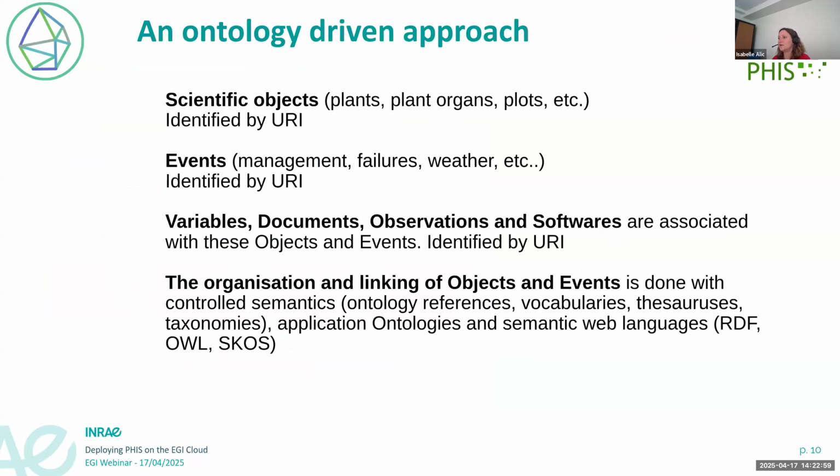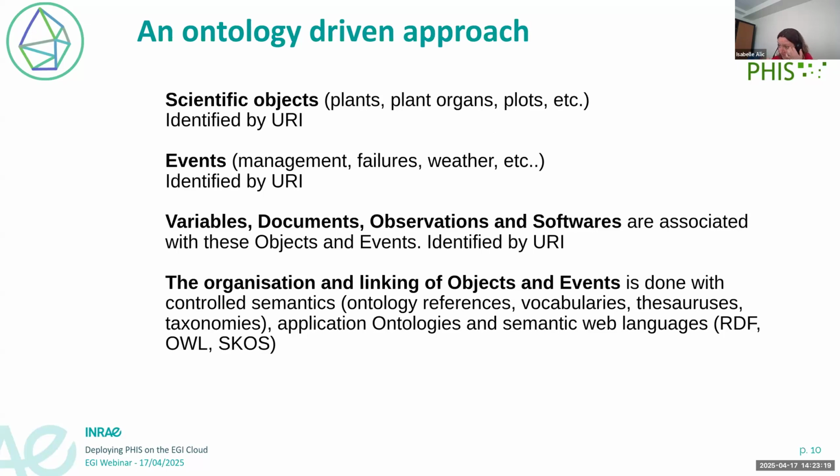And this ontology allows us to describe the scientific objects. So the plants, the plots, the plant organs, they will be identified by URI. The events, so the management, the technical itineraries, the weather, the moves, the troubles, they will be identified by URI.